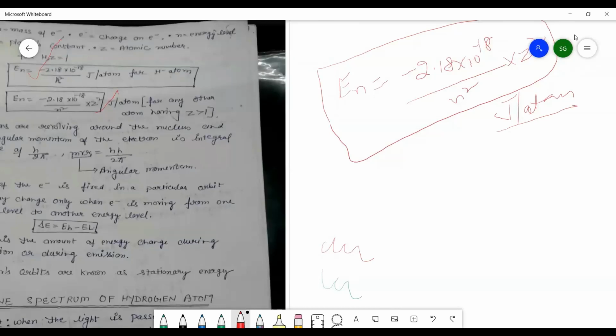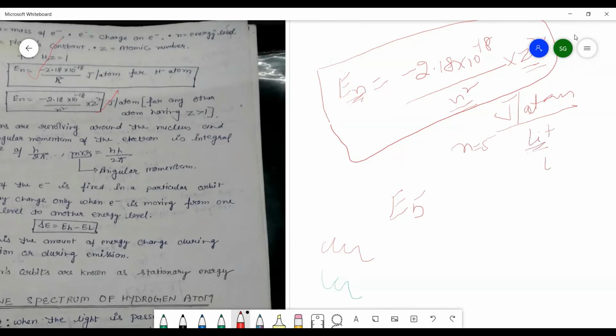Now Z is the atomic number which may vary, and n is the energy shell which may vary. Whenever we change the values of Z and n, we can calculate the energy associated with a particular shell. For example, if we want to calculate the energy associated with the fifth level, that is n = 5, and the atom is Li⁺.